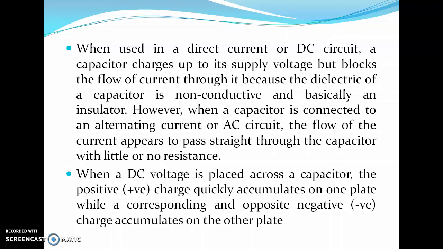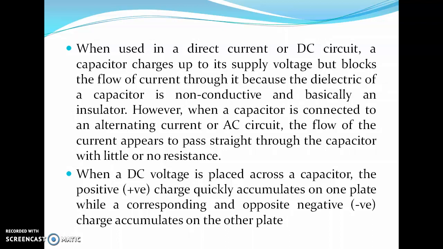We can use a capacitor in a DC circuit, and we can use a capacitor in an AC circuit. In case of DC circuit, when we connect our capacitor, it blocks the flow of current due to the dielectric material which is present between the anode and cathode inside the capacitor.